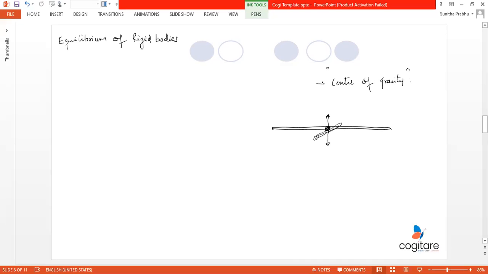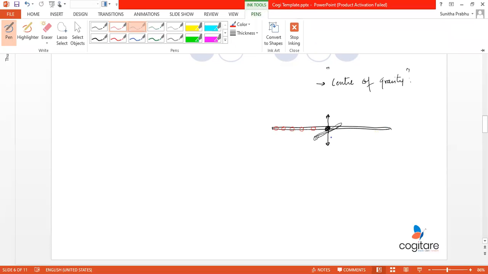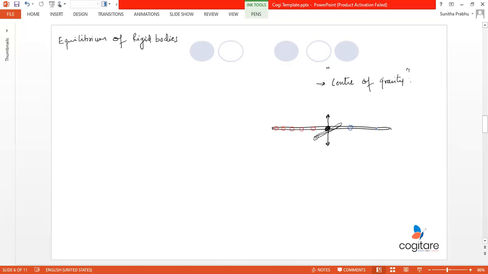Another definition of center of gravity: you think that this rod is not there, and instead there are some marble masses, point masses, something on the left hand side, something on the right hand side.